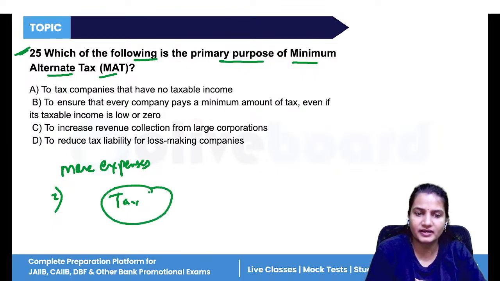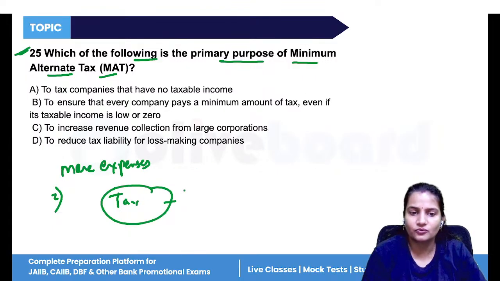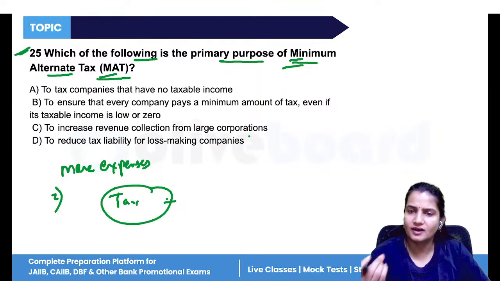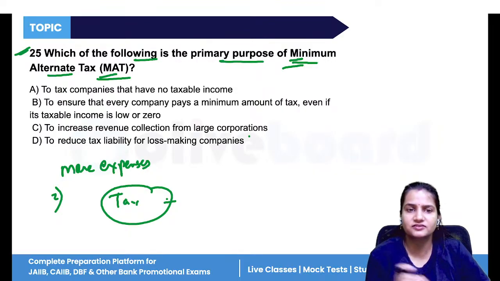So the government says, okay, you are using all these tactics to pay less tax to me, so I will offer you one tax called minimum alternate tax. Companies should not use the loopholes they were using to show less tax liability.